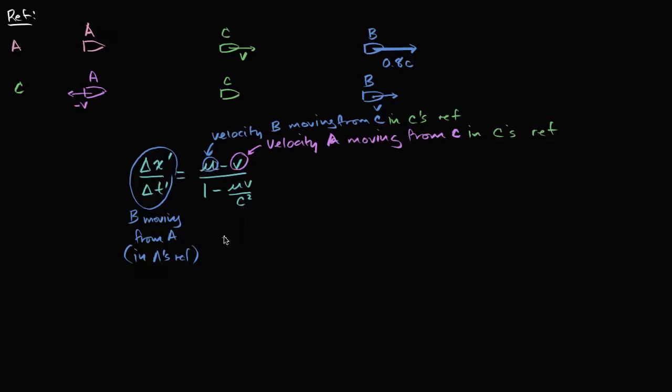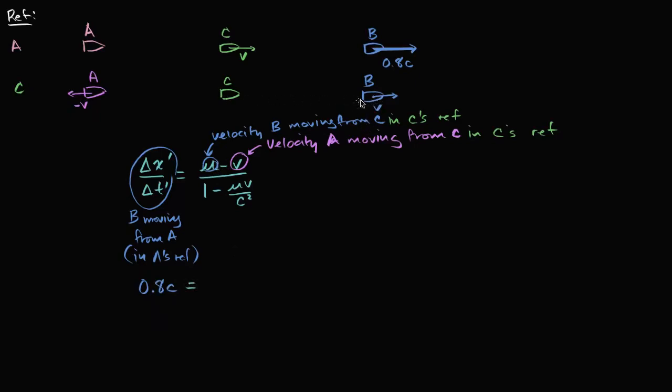Well, now we can substitute what we know. We know that the velocity B is moving away from A is 0.8 c. So we can write 0.8 c is going to be equal to u, the velocity B is moving from C in C's frame of reference.